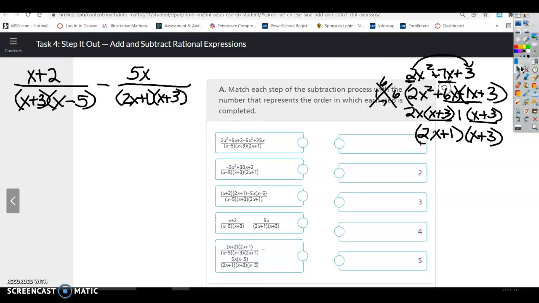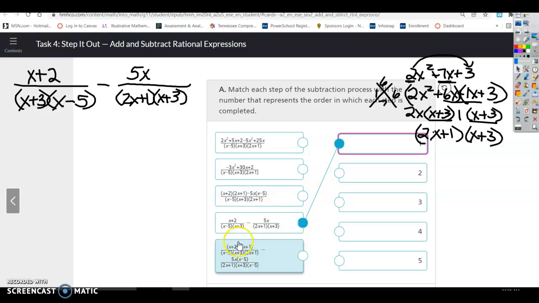So the first step, we rewrote it in factored form. Then we are going to get a common denominator.